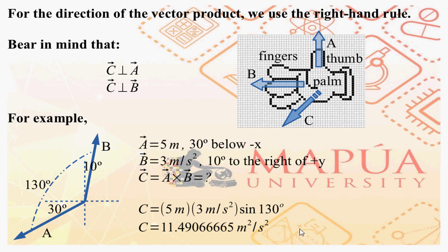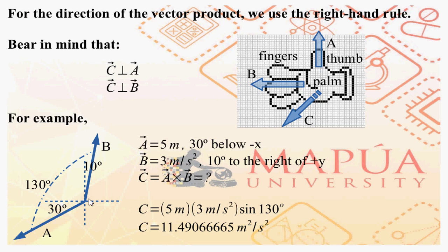Now for the direction of vector C. Again, for the direction of the vector product, use the right-hand rule. So place your right hand on the drawing, orienting your thumb with the first vector.